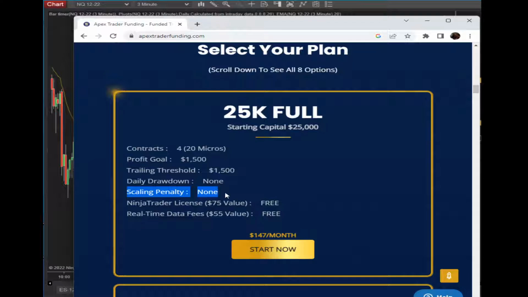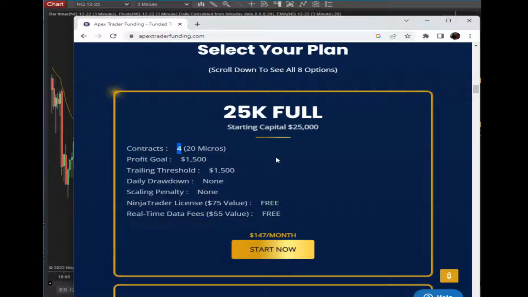If you're familiar with other funding companies, there's a scaling property to it. Let's say with four contracts, you can only trade two contracts before you make $500. Then it goes to three contracts, and once you get to 1,000, it goes to four contracts, for example. That's just how they scale things.